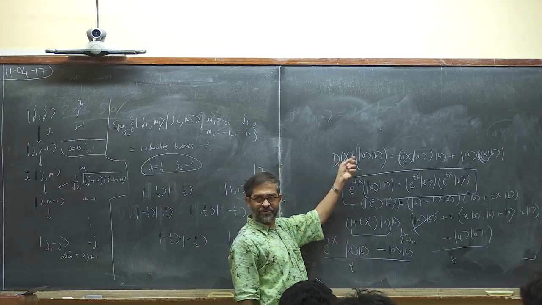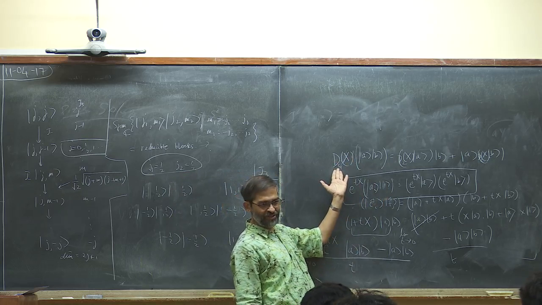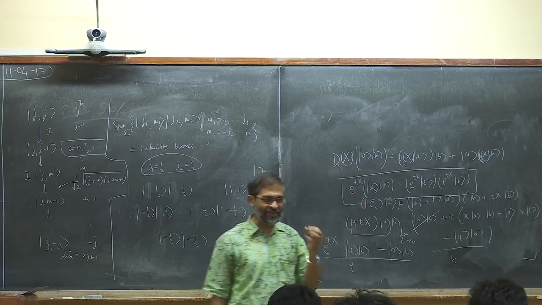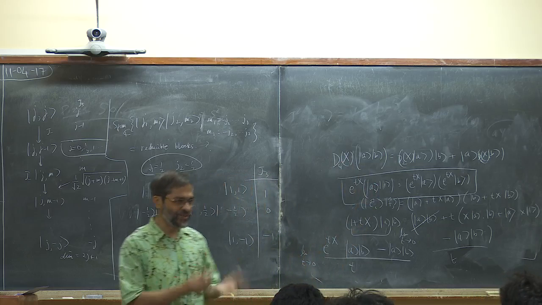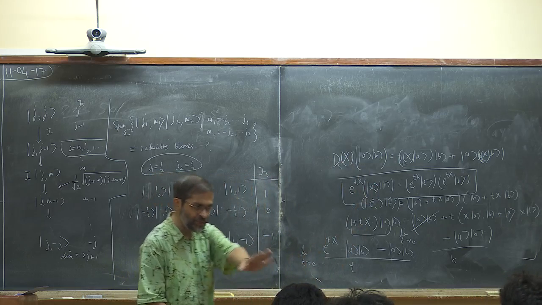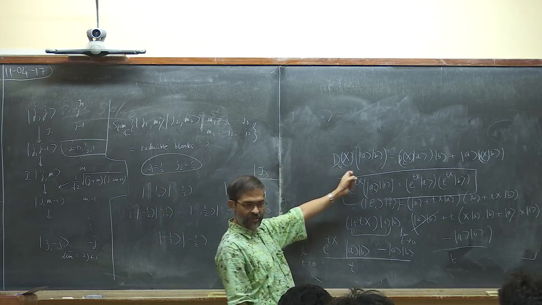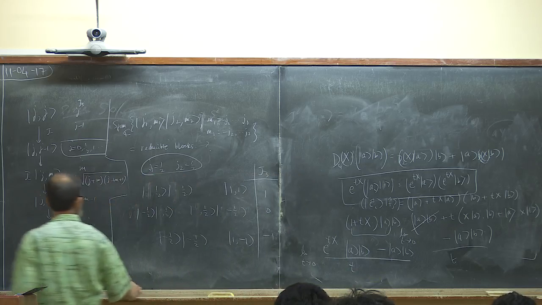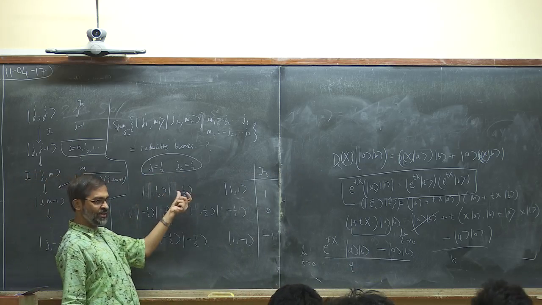Is this clear to everybody? It's a four-dimensional representation really. This is an abuse of notation in which the abstract algebra element and its representation are given the same symbol. But actually you are right. This is a four-dimensional representation, this is a two-dimensional. Absolutely correct.